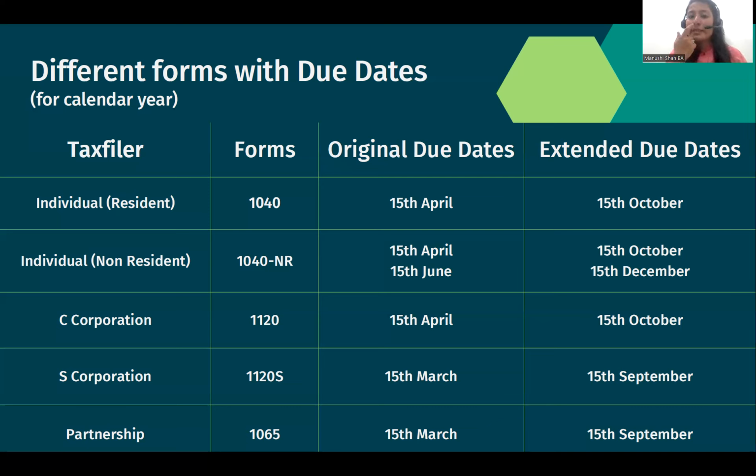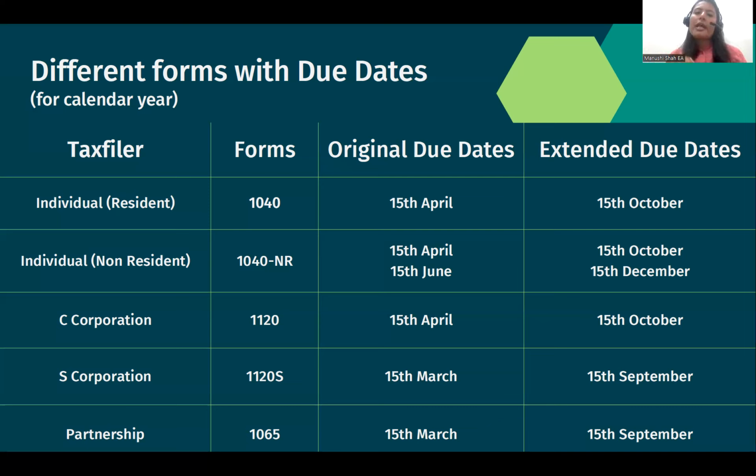So your question must be, then who will pay the tax? Once the return has been filed, the respective shareholder in the case of S corporation and the respective partner in the case of partnership firms are required to flow through that income from the S corporation and partnership firm to their respective individual tax return.